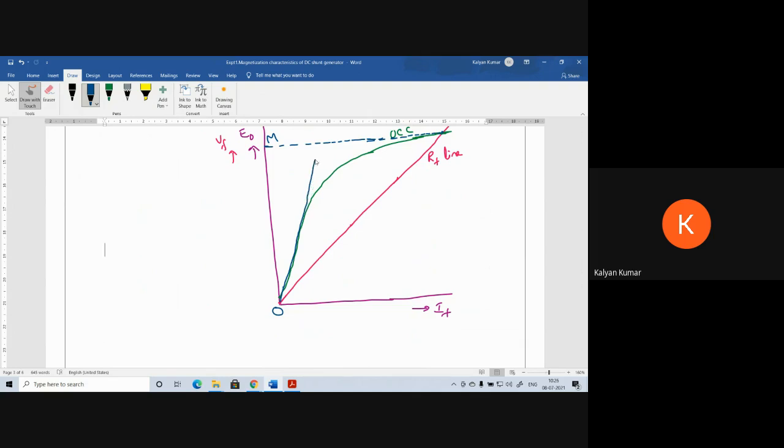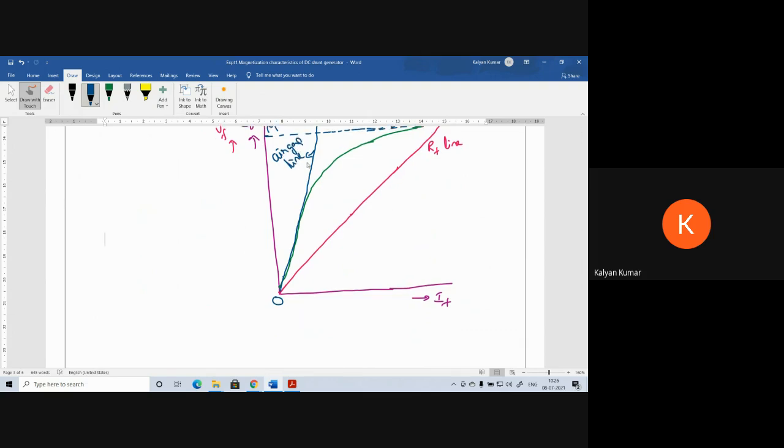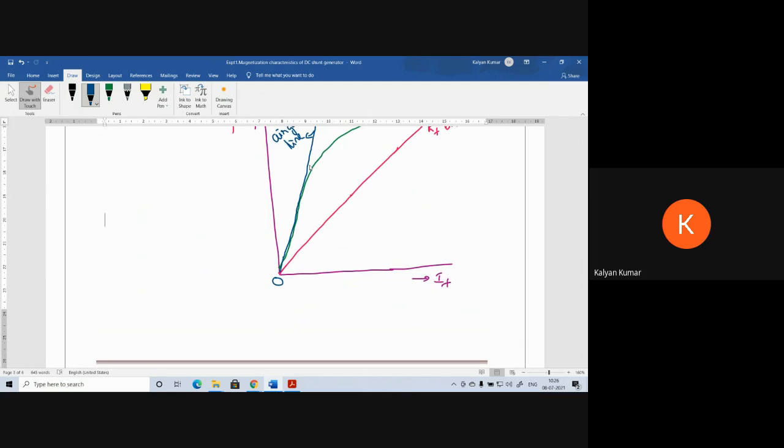If there is no saturation, this tangent becomes the OCC. This line is called the air gap line.